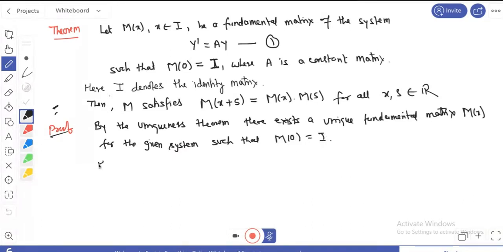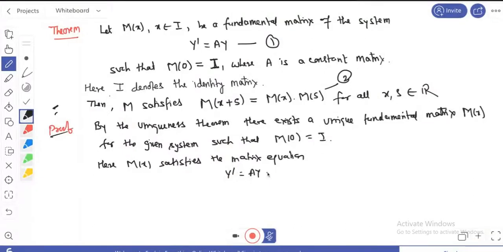And here you know that this M(x) also satisfies your matrix equation. Say this is 1, and you have to prove this, 2, and the matrix equation, suppose this is 3.